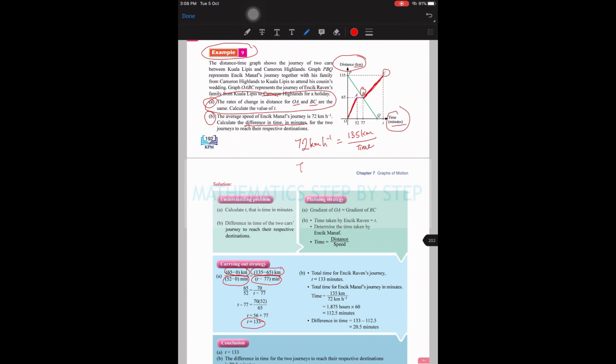So time is equal to 135 km divided by 72 km per hour, which is 112.5 minutes. Now, do not forget, what we are going to find is the difference in time. Previously we found the time taken for Encik Raven's family is 133 minutes. So 133 minutes minus 112.5 minutes is 20.5 minutes. This is the difference in time in minutes.